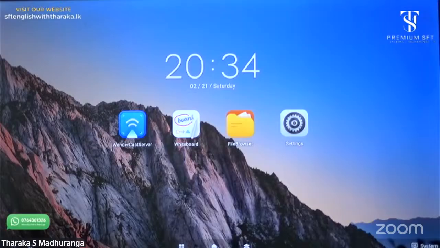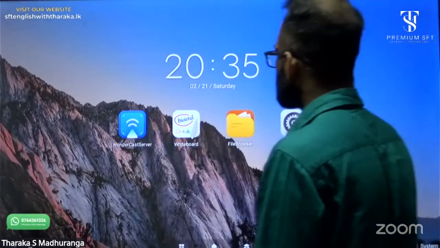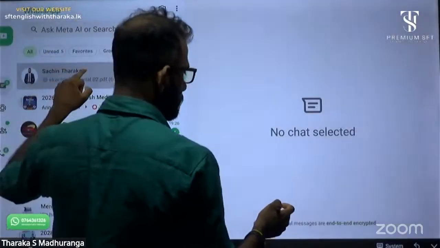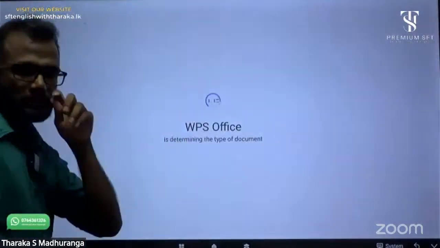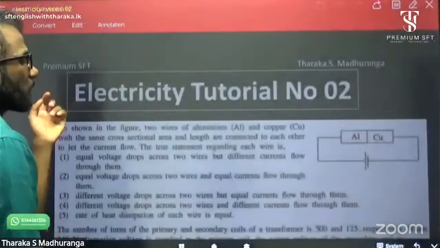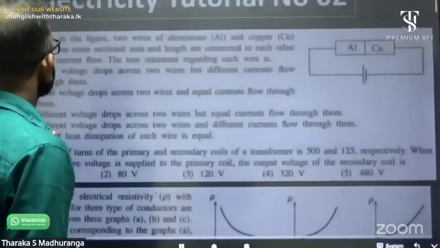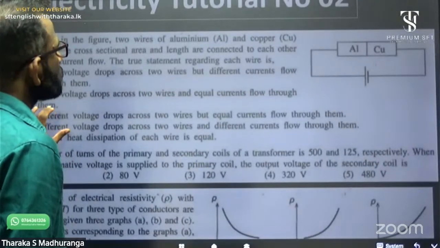Tutorial number 2. As shown in the figure, two wires of aluminium and copper.